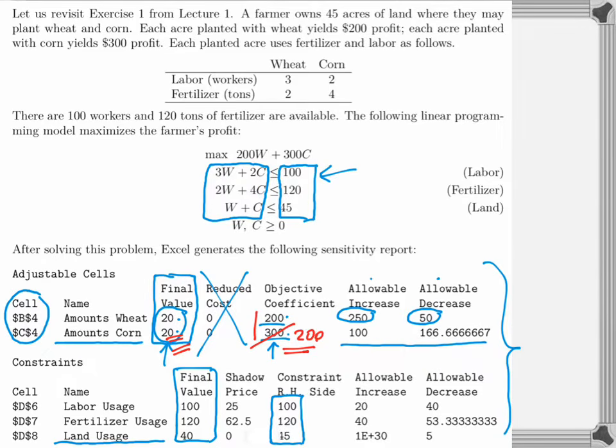So for example, I had 100 workers, I did use all 100 of them. I had 100 tons of fertilizer, I did use all 120 of them. And I had 45 acres of land, and I actually accidentally erased something here. Let me see if I fix this before I ran into too much trouble.